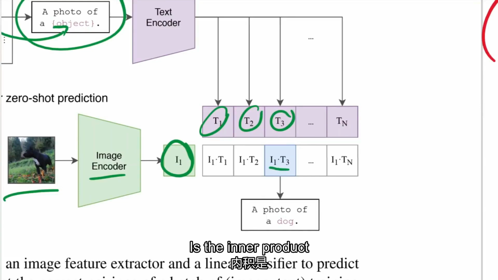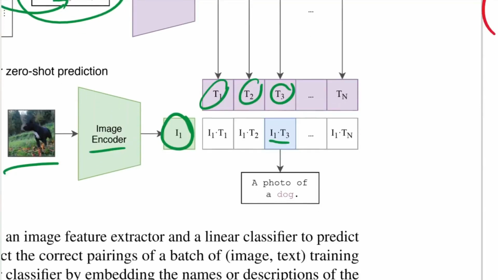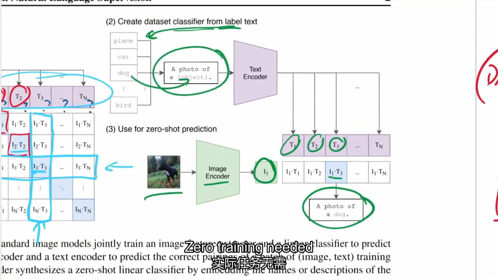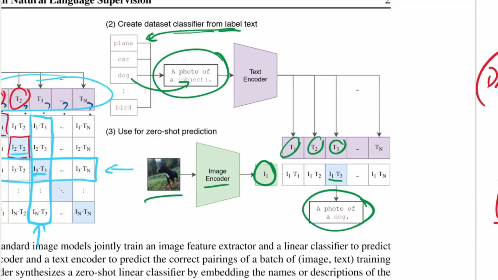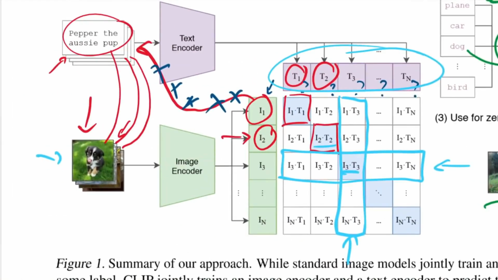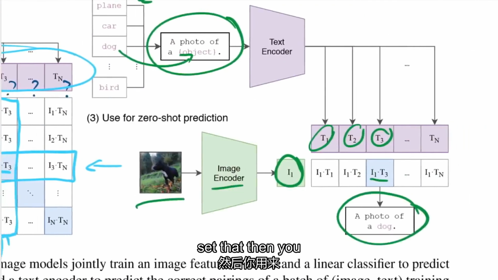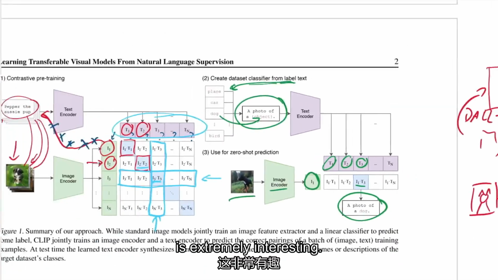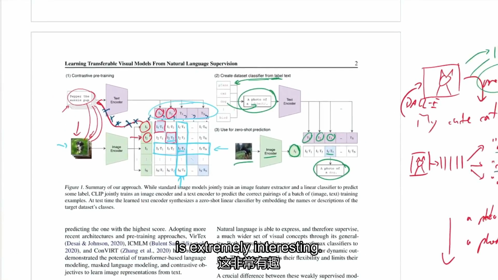So is the inner product the highest? And that's how you obtain the label. Zero training needed on the actual task, right? So the data set that you do this with can be an entirely different data set than you trained with. And this is extremely interesting.